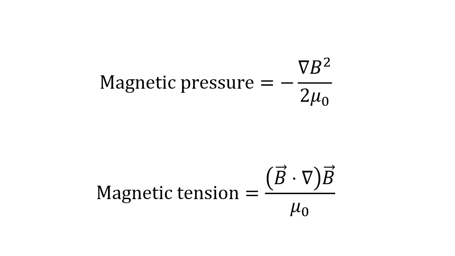It acts as another force of pressure. Here it is squared, so it is not a vector anymore, it's a scalar. And here we have the magnetic tension. So the Lorentz force, the magnetic force on a magnetic fluid, gives rise to two types of force: a magnetic pressure and a magnetic tension.